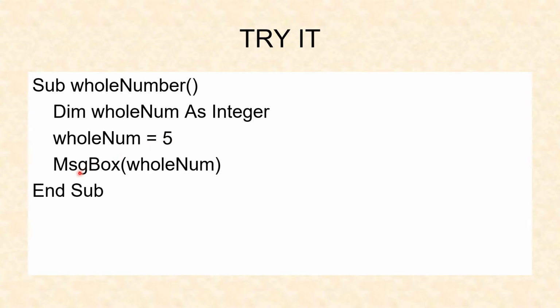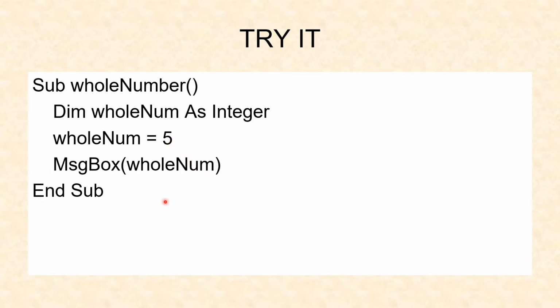And then I want to output it somewhere. So in this case I said a message box, show me whole num. I also could have taken the coding statement from the coding cheat sheet and said let's place this variable contents of whole num, which would in this case be a number 5, and let's output that to a text box on the screen.